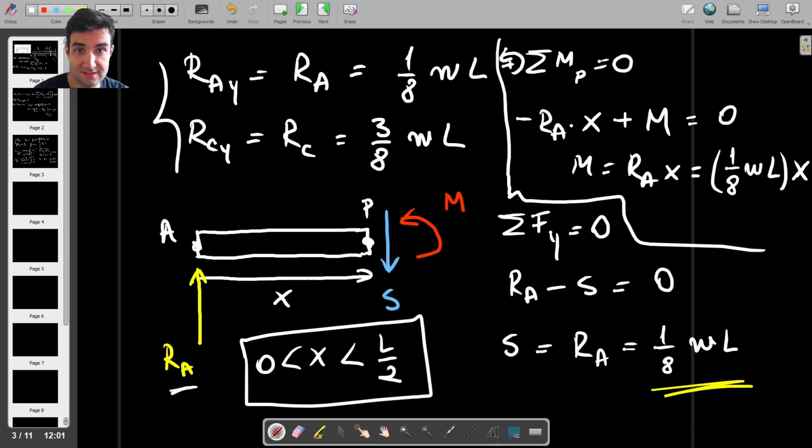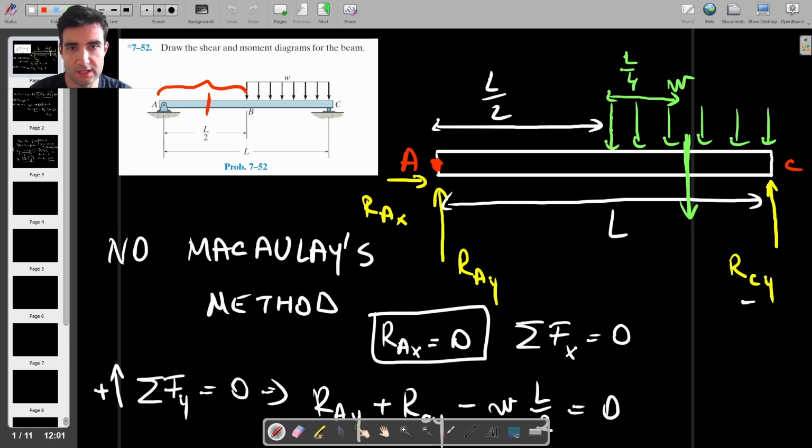It depends on X in a linear fashion, and we're going to plot this on the final shear force bending moment diagram. Okay, so I'm going to call this 1 because we did find the shear force and the bending moment, but that's only for the left-hand side of the beam, which is before that distributed load started occurring.